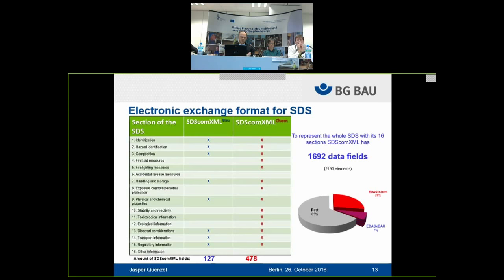This is because, as I already said, we have a very special or unique way to provide our construction men with information. We have these product groups, these GIS codes, and the experts at the BG Bau can decide on the basis of these 127 data points in which GIS code a product has to be included.